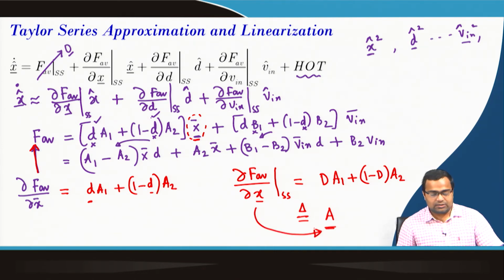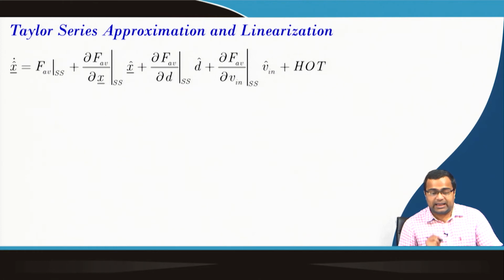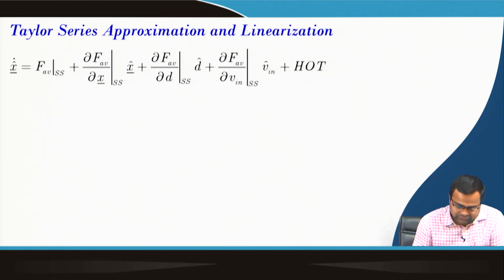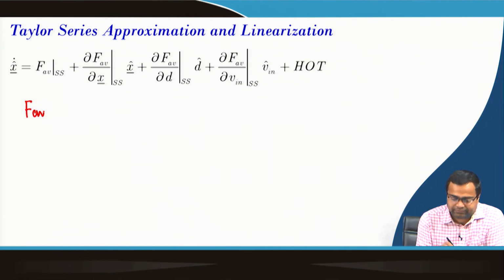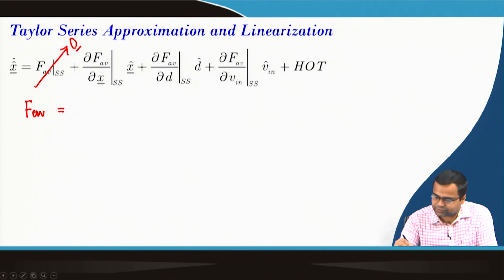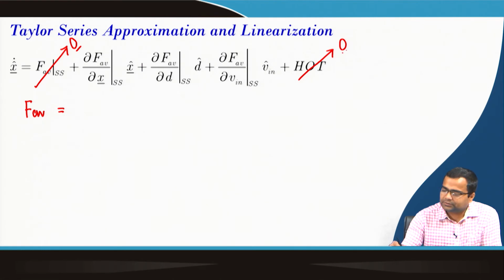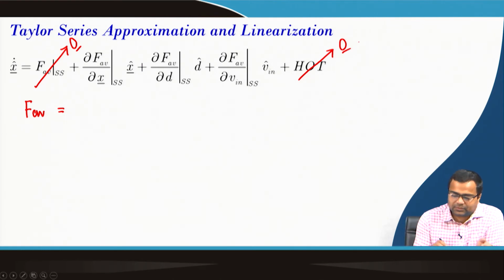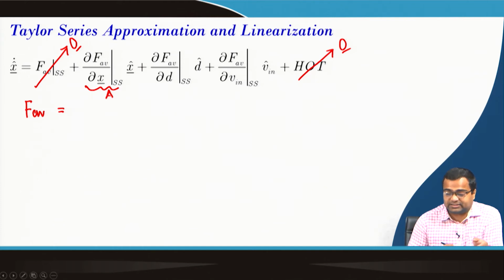Okay. Now, next part, again we are writing. In the earlier equation f average was, this part we already took as 0, right. We have ignored this part, and we found it is the A matrix in the previous equation.